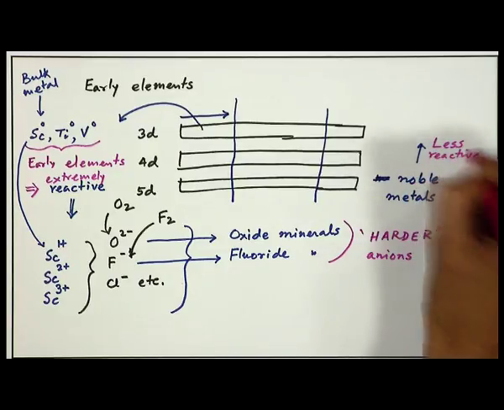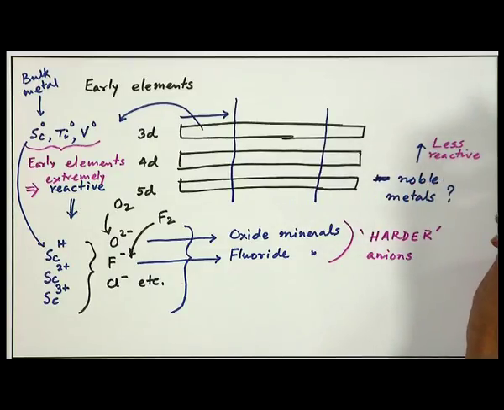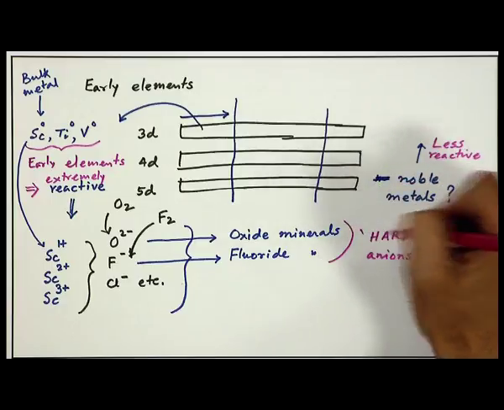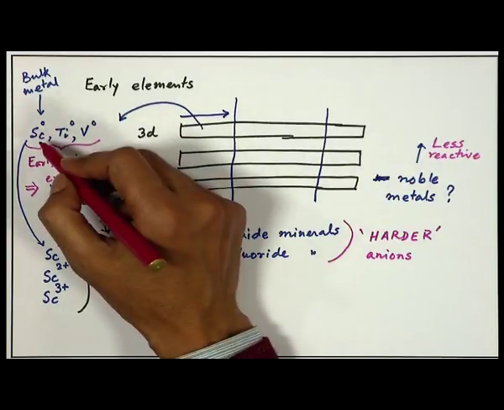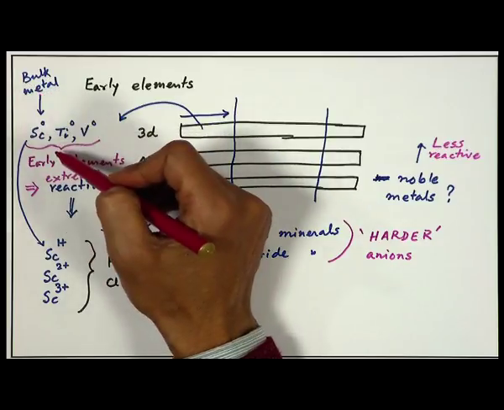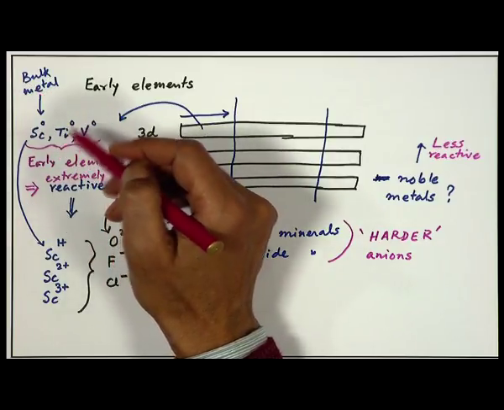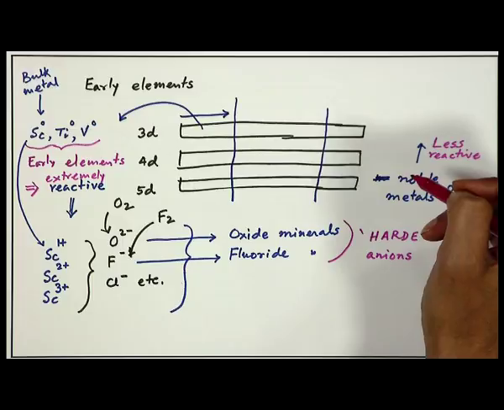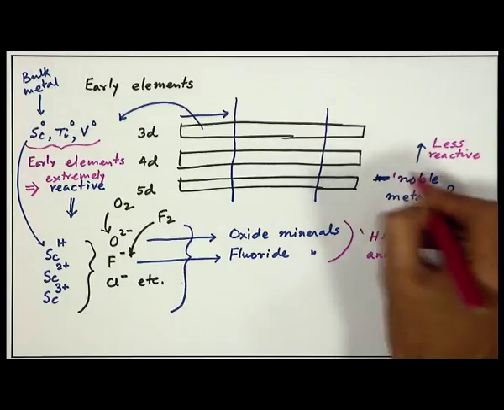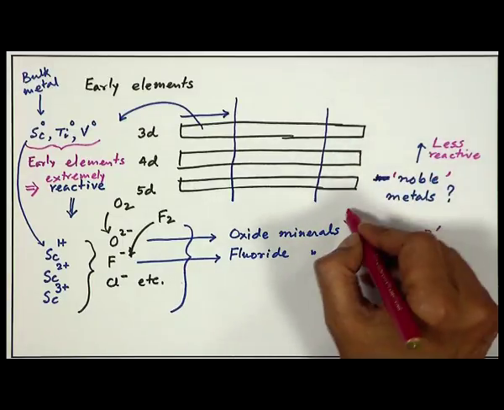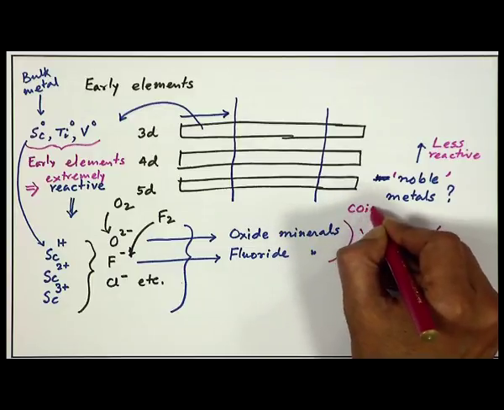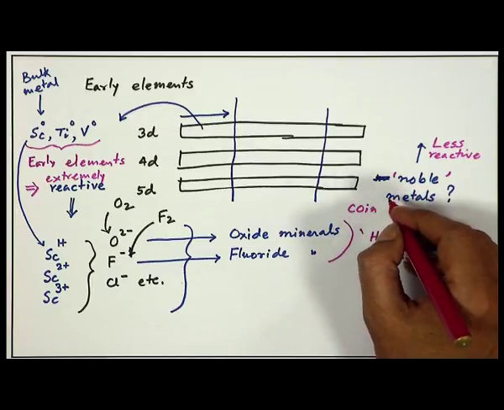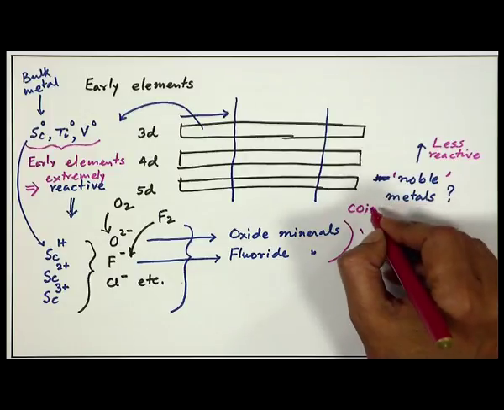So, if they are less reactive, they basically remain in the metallic state, whether it is in the bulk metal state or in the atomic state. So, they basically provide something where we consider these metals as the noble metals or coinage metals. That means, the metal which is used for making coins.